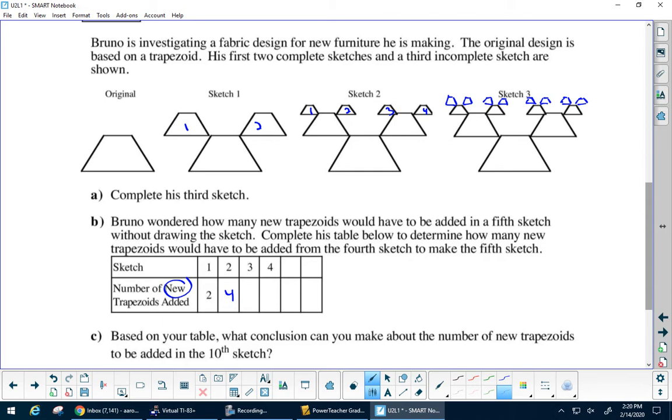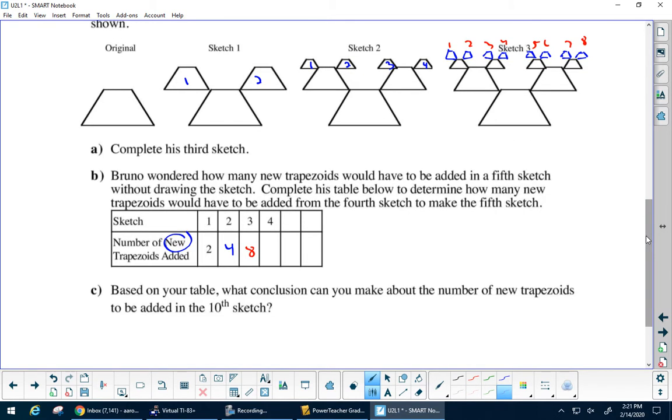How many new trapezoids did we get? We're just looking for the new ones. How many new ones? Count them up. 1, 2, 3, 4, 5, 6, 7, 8. Now, it's a lot of work drawing all those trapezoids, and look how bad mine are on top of that. So they're even ugly trapezoids. Is there a better way?